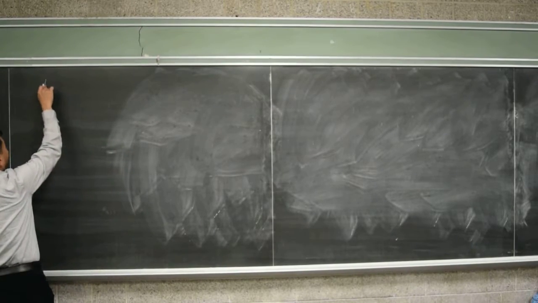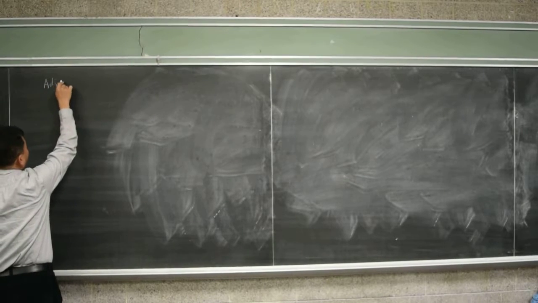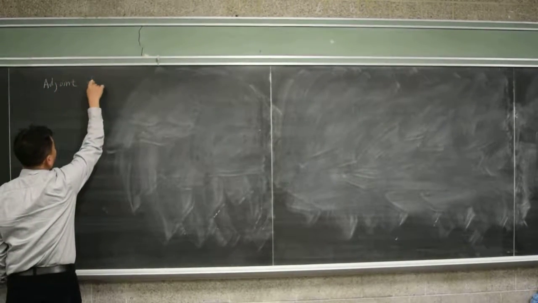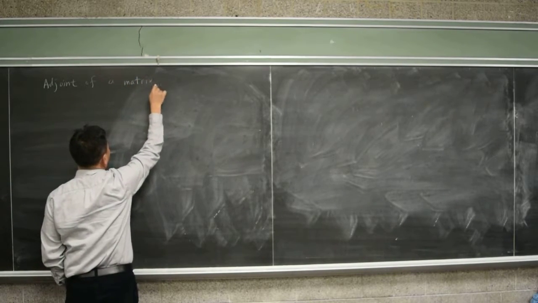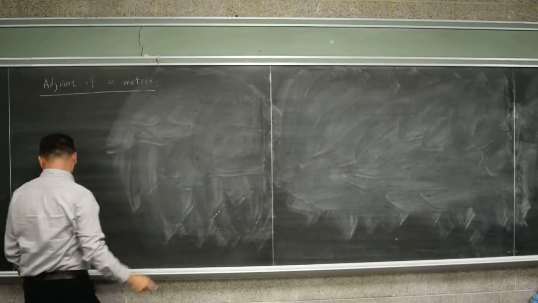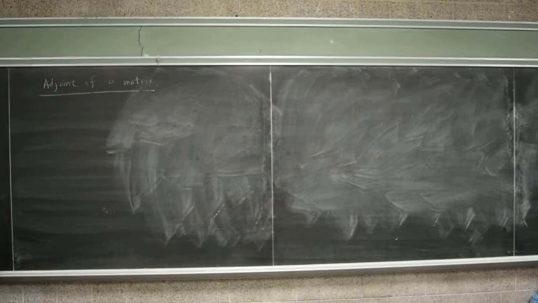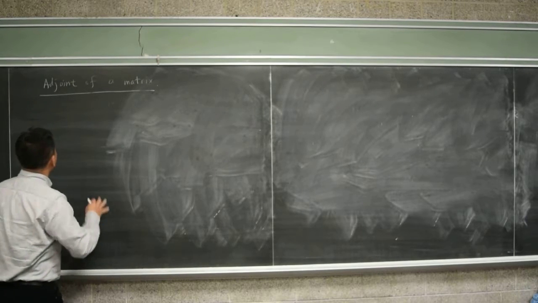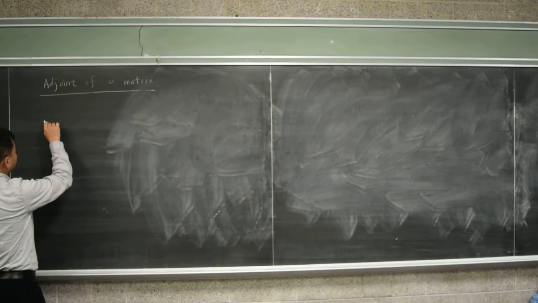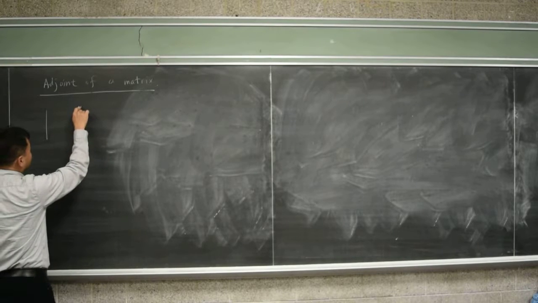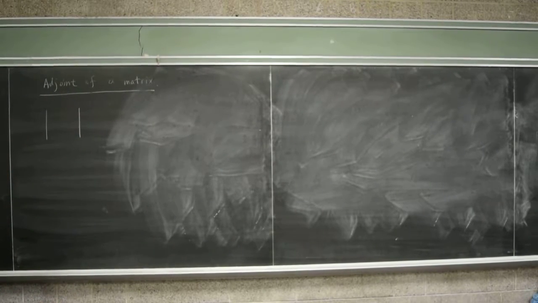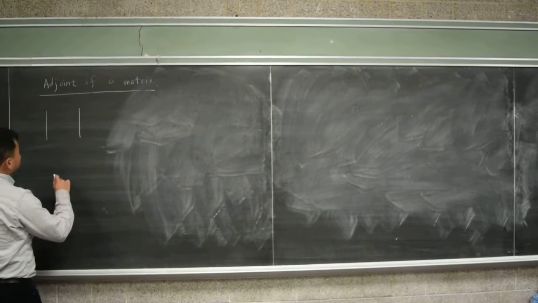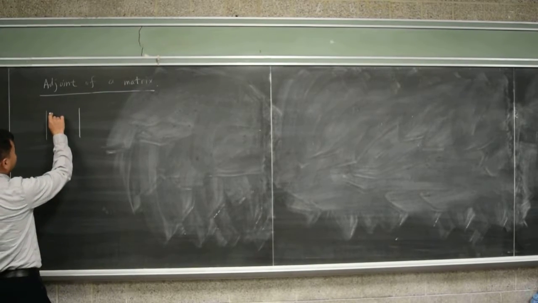Okay, so today let's speak about the adjoint of a matrix. Now, before we talk about the adjoint, I want to start with the convention for writing an element of a matrix.